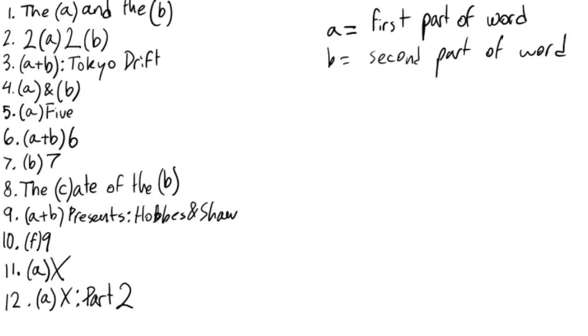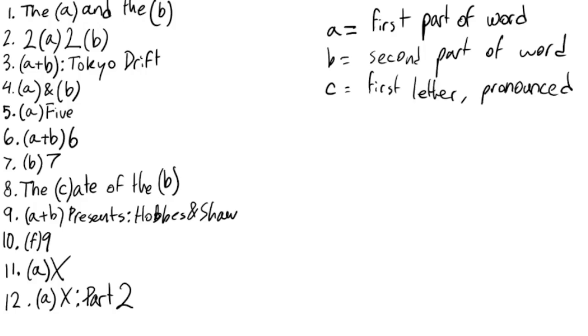Now, our other terms here. We have C in number 8, the C8 of the B. That is your first letter of the phrase you're using, pronounced. As opposed to the F8 of the Furious, they've gone with the Fate of the Furious.